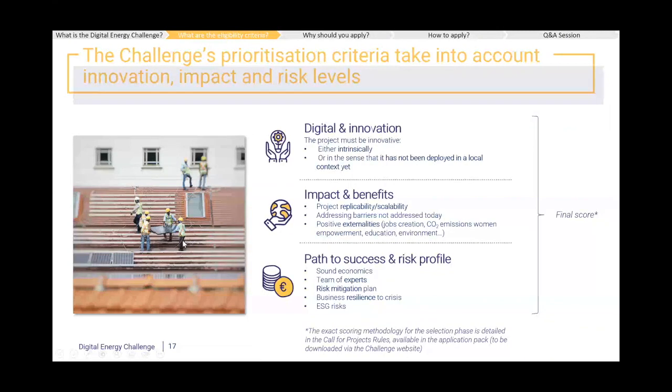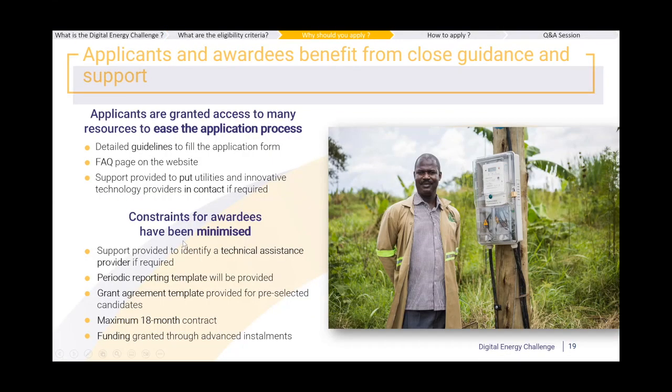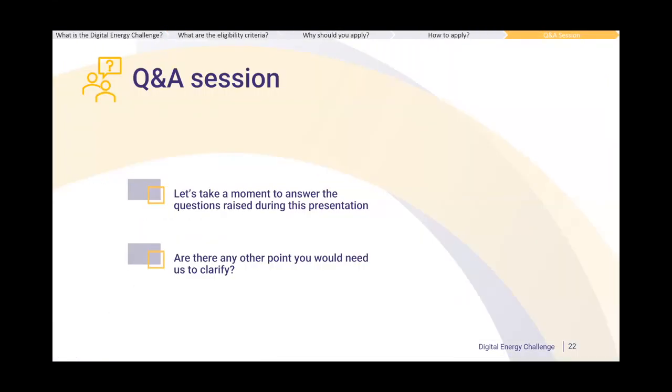There is another question from Andrea. Can an entity apply both as a startup in the startup call and as an innovative technology service provider in partnership with a utility under the utility call? In theory, yes. If you are eligible to all of the criteria of the two categories, technology provider and startups, you can apply to both calls.